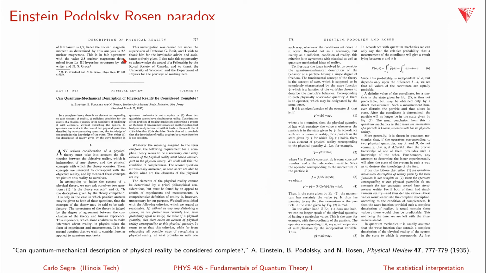1935. So Einstein, Podolsky, and Rosen wrote up a paper called "Can Quantum Mechanical Description of Physical Reality Be Considered Complete?" in Physical Review 47, 1935.